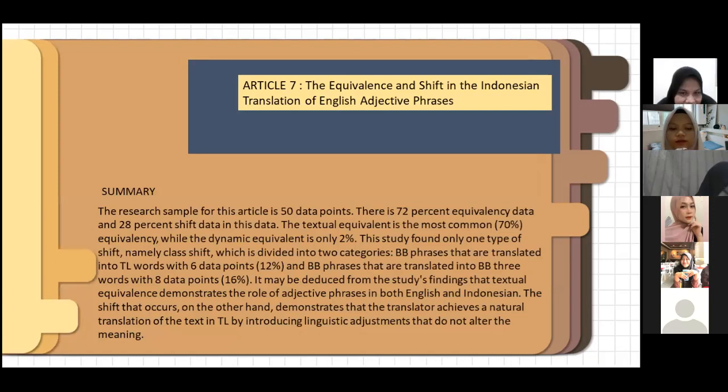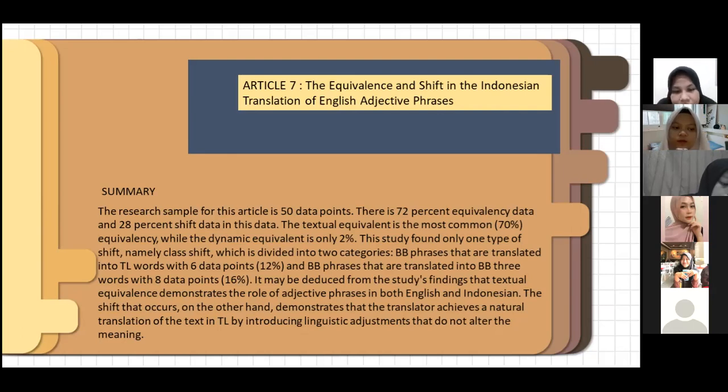Article 7, the title is The Equivalence and Shift in the Indonesian Translation of English Adjective Phrases. The summary: the research sample for this article is 50 data points. There is 72% equivalency data and 28% shift data in this data. The textual equivalent is the most common, at 70%, while the dynamic equivalent is only 2%.